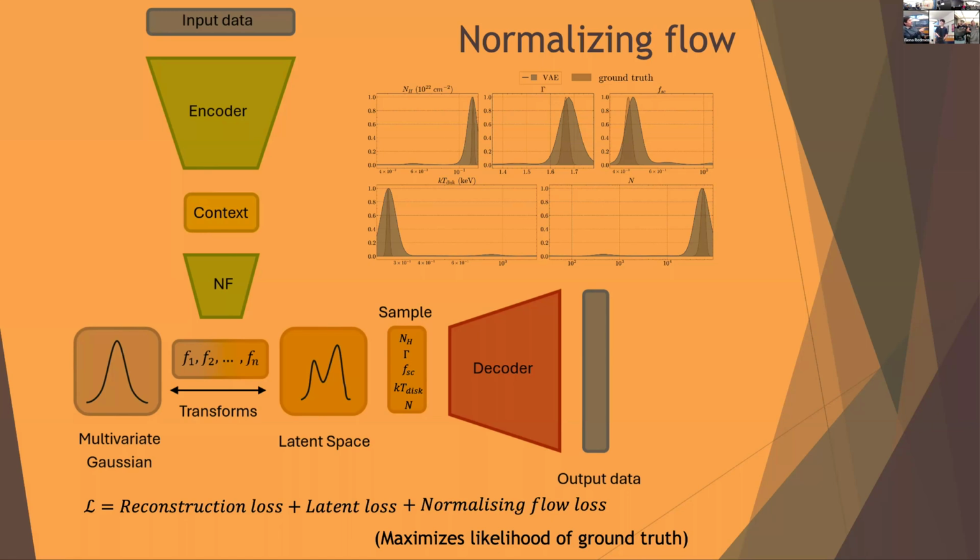Before you move on, you're using the normalizing flow to approximate the function from which you sample the parameters. So you input data and you encode it.